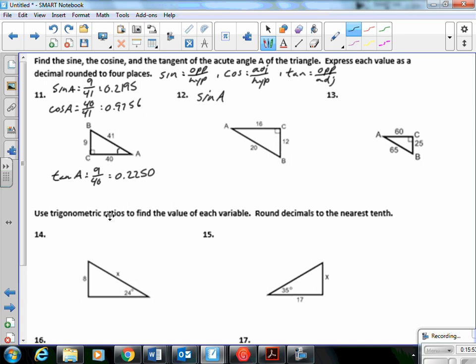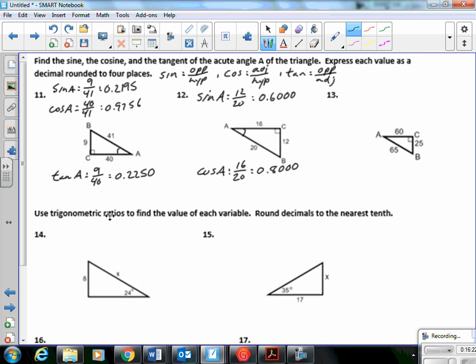And then 12, the sine of A. It's going to be the opposite side from A, which is 12, over the hypotenuse 20, which will be 0.6, but add 3 zeros to get it to 4 decimal places. Cosine of A will be the adjacent side 16 over the hypotenuse 20, which will be 0.8.